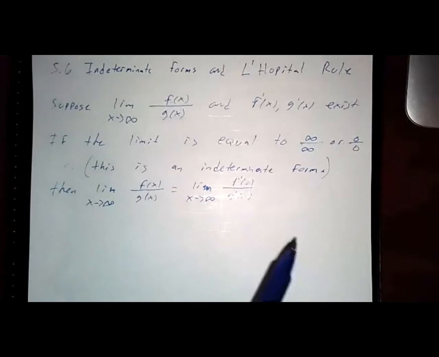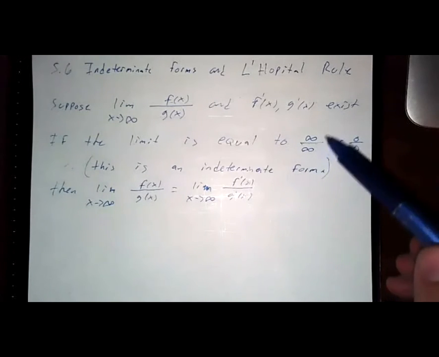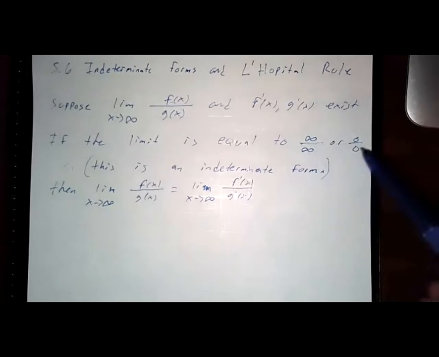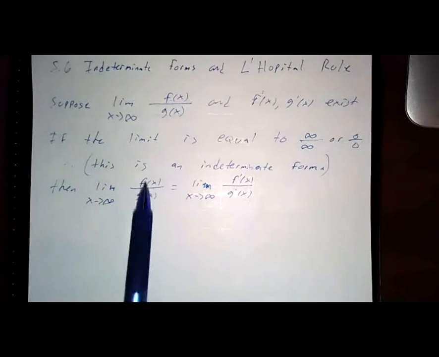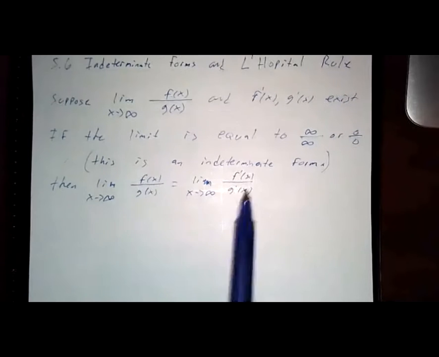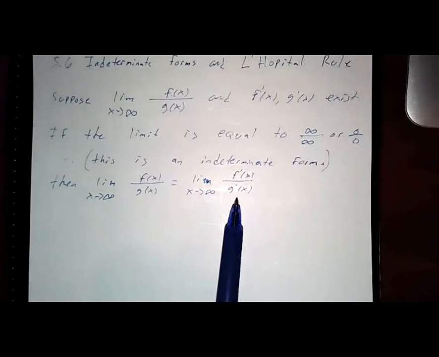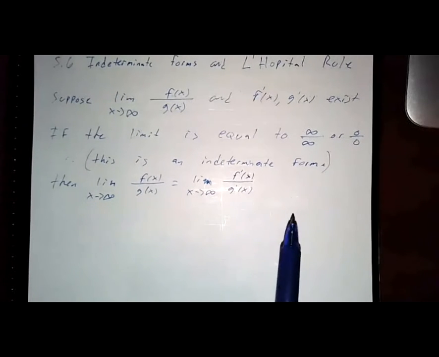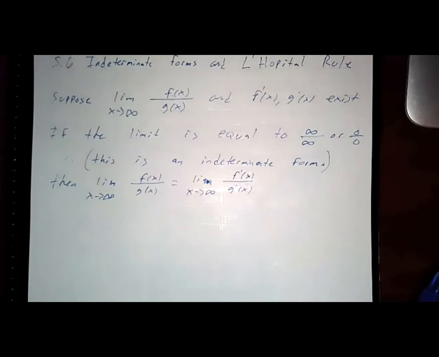What it's telling you is if you end up with something like infinity over infinity, 0 over 0, then you can take the derivative of the top and bottom separately, and then try to take the limit again. And if you get another indeterminate form, you could take another derivative and try it once more until you finally get a limit, which is kind of neat. So that's L'Hopital's.